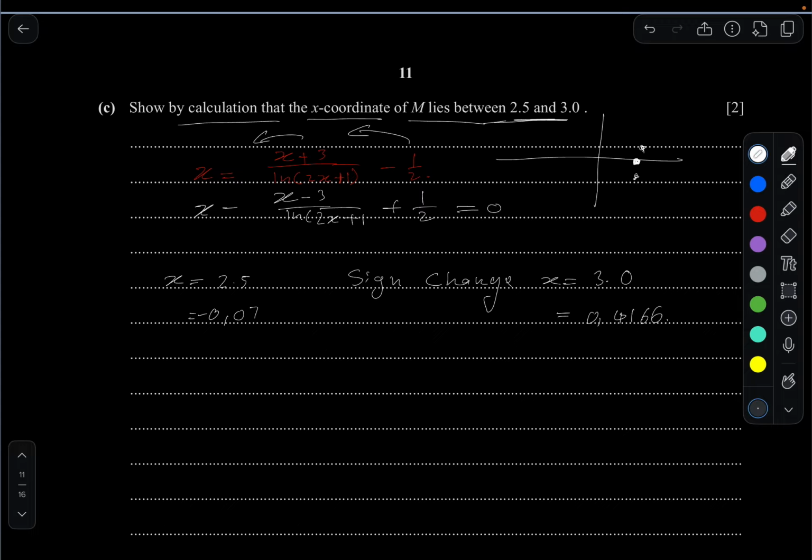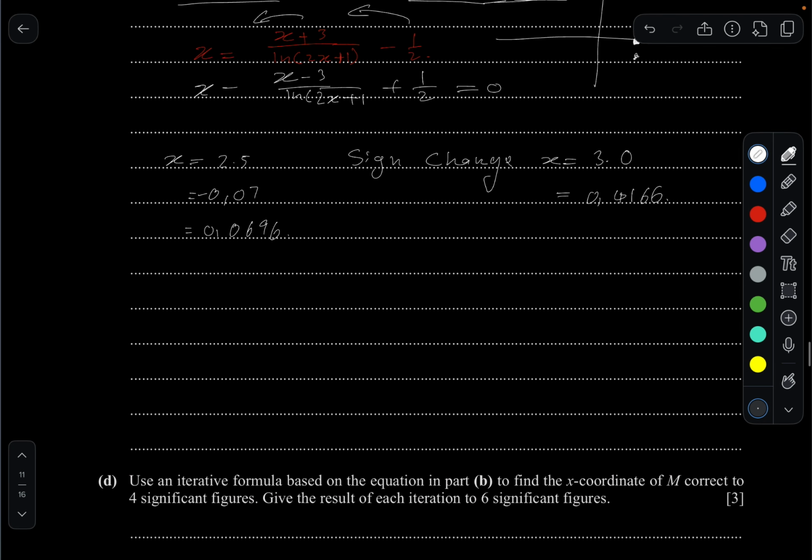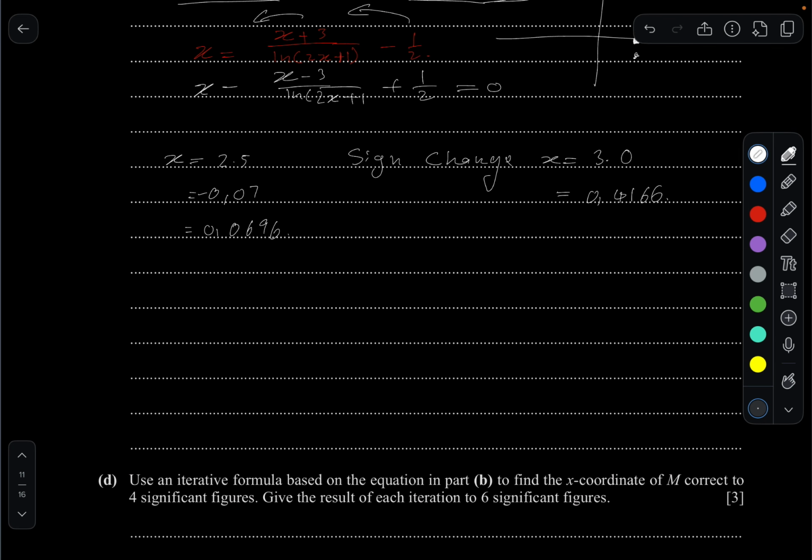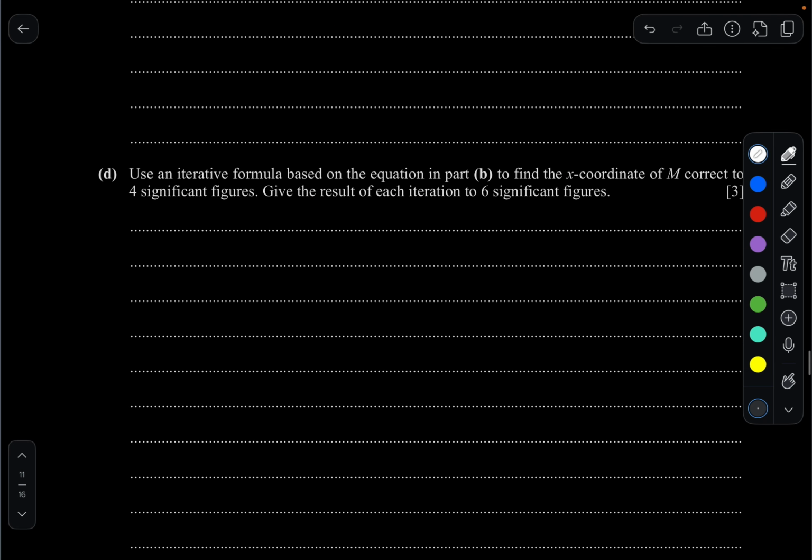I'll round it off. The other answer will be 0.0696. So then you can see, yes, there is a sign change. So that means that there exists a solution between the two there. That is true. So then you leave it at that.